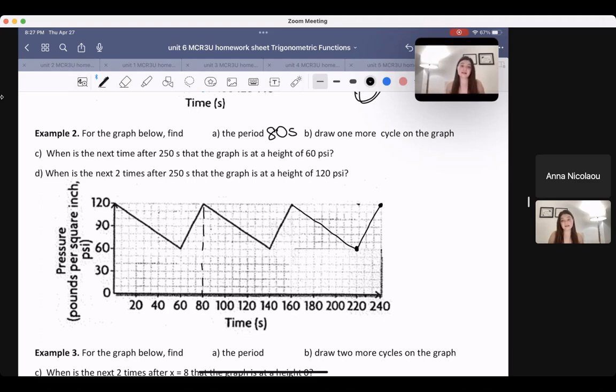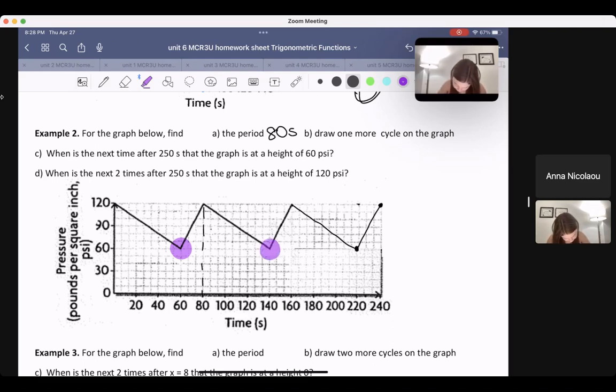Letter C asks, when is the next time after 250 seconds that the graph is at a height of 60 psi? Well, first of all, we've got to ask ourselves, okay, on the first cycle, when are we at 60 psi? Well, right here, 60 psi actually happens to line up with 60 seconds. Then the next time is going to be 80 after that, right? Because remember, the graph repeats every 80 seconds.